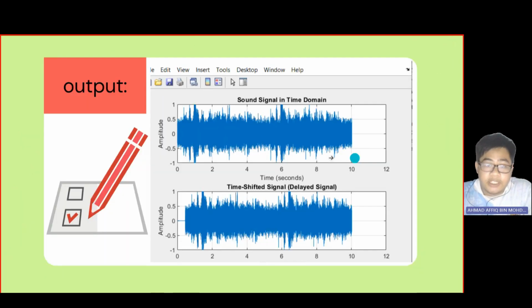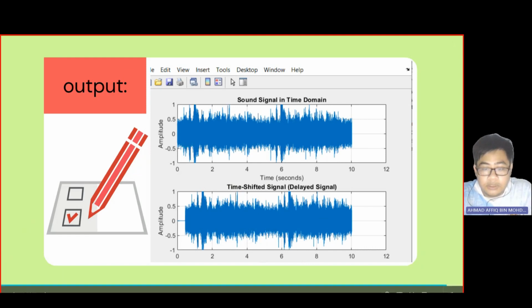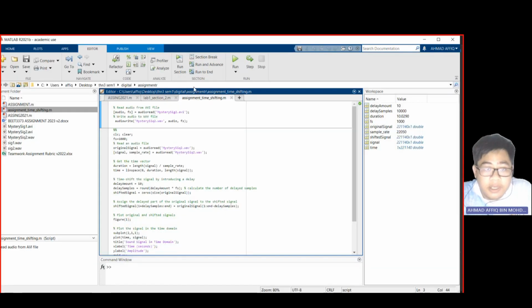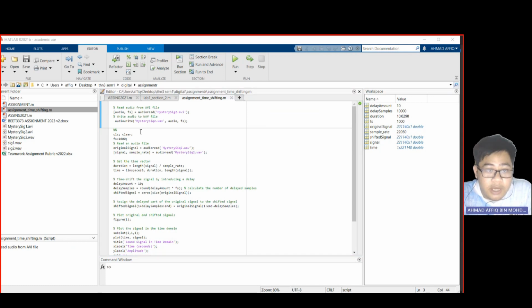Then this is the expected output here. So I will open my MATLAB to demonstrate it. First of all, I convert the audio signal, which is SIG2, from an AV file to a wave file.